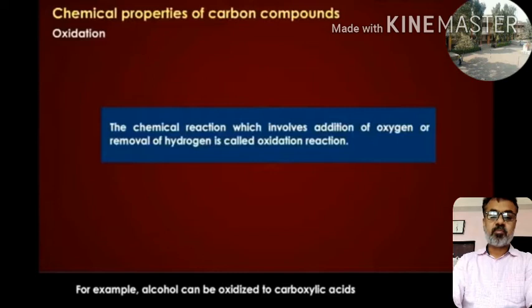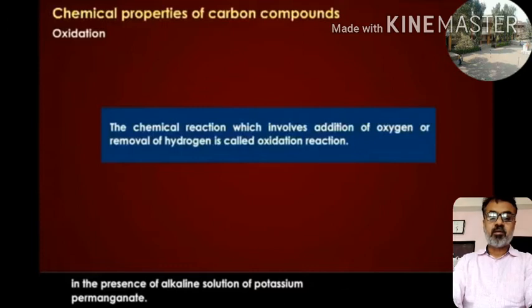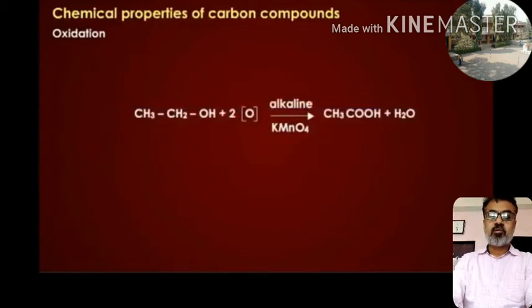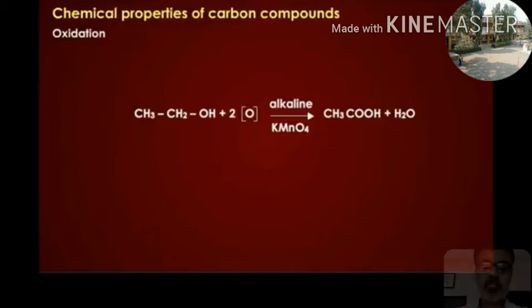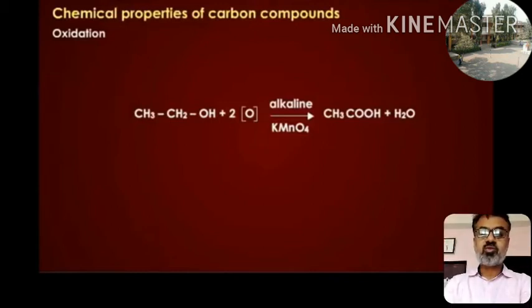This reaction is carried out in the presence of an alkaline solution of potassium permanganate. If you see the reaction of ethyl alcohol, CH3CH2OH, plus oxygen in the presence of alkaline KMnO4, it gives CH3COOH plus H2O, which is acetic acid.